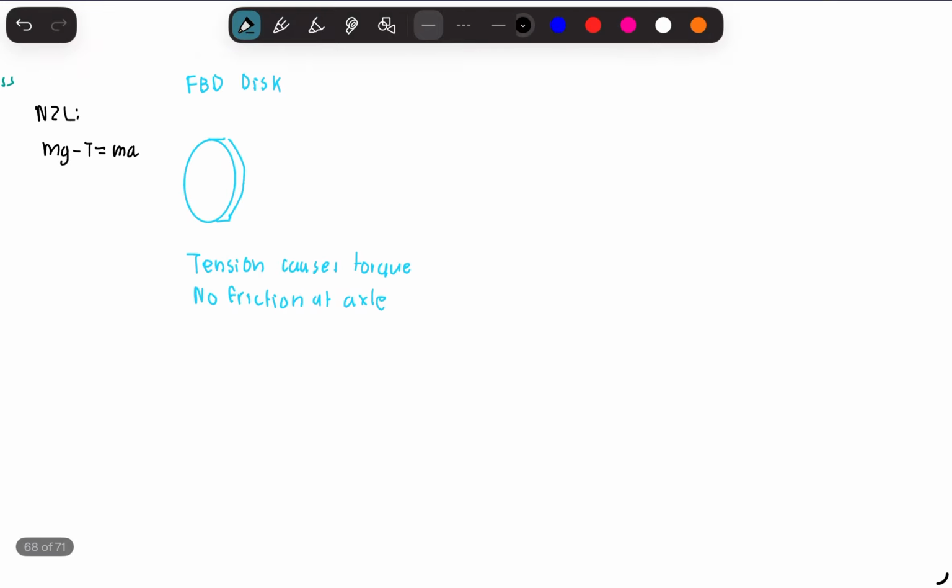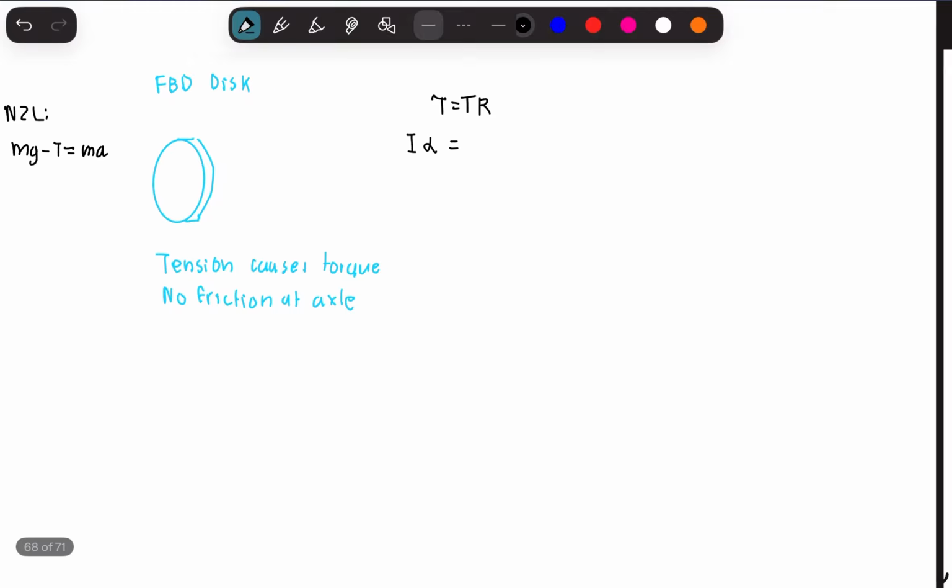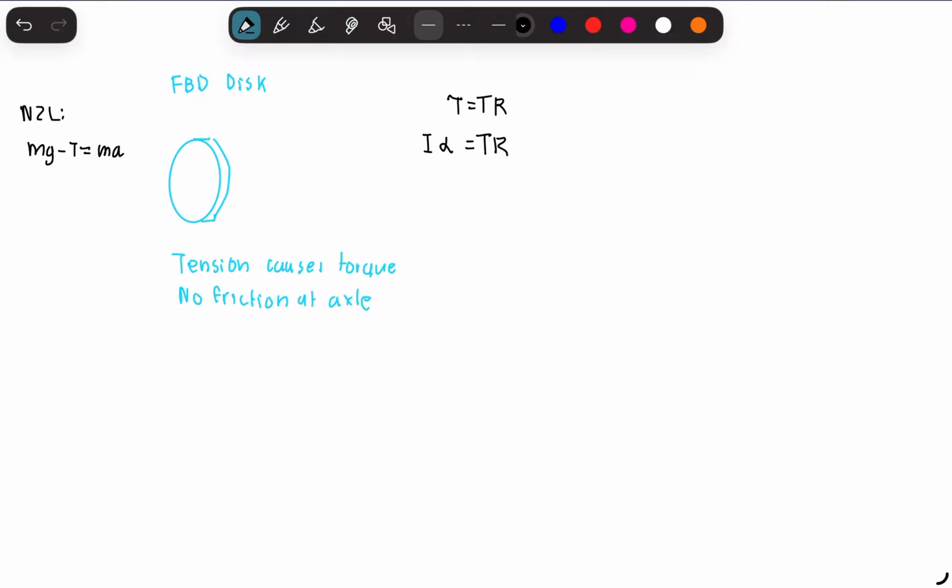So our torque is equal to the tension force times the R. Torque is equal to moment of inertia times angular acceleration. And then we know that the string does not slip. The condition for that is that linear a is equal to angular acceleration times R.